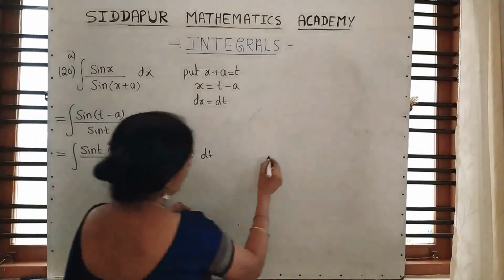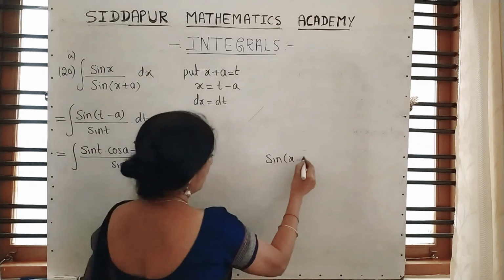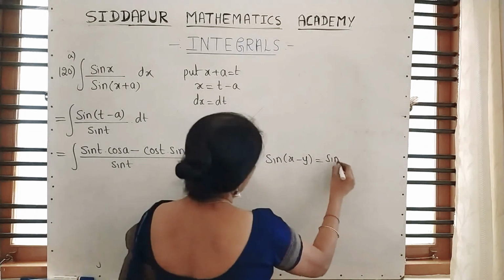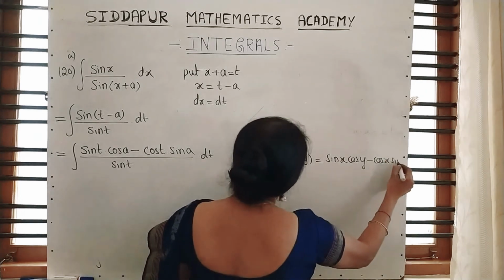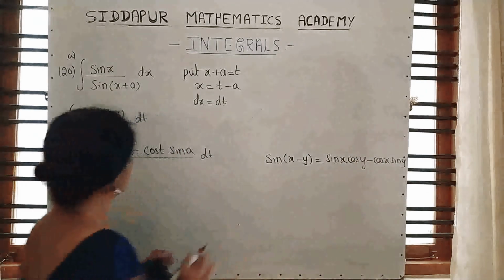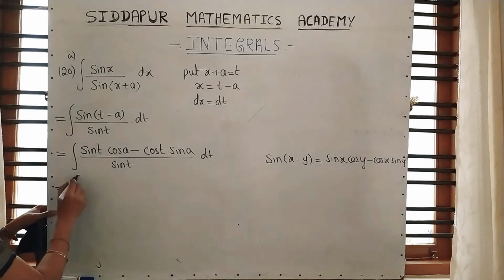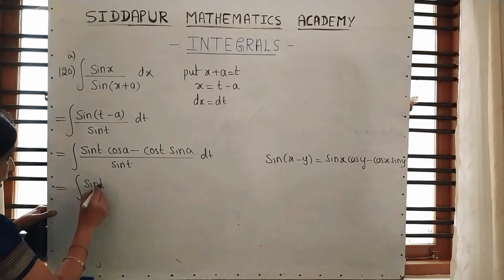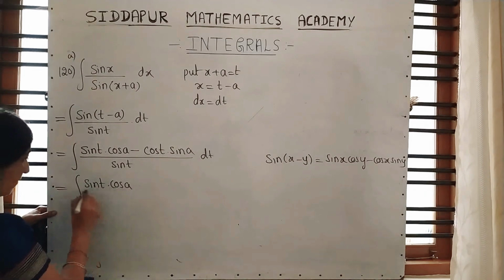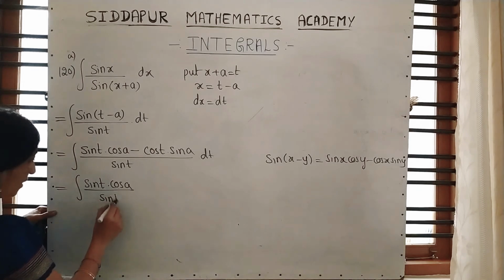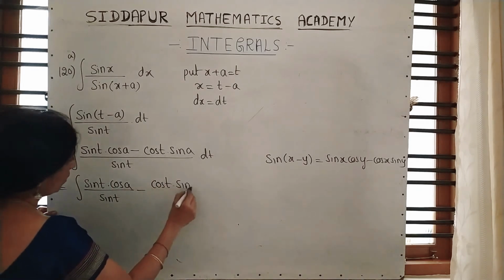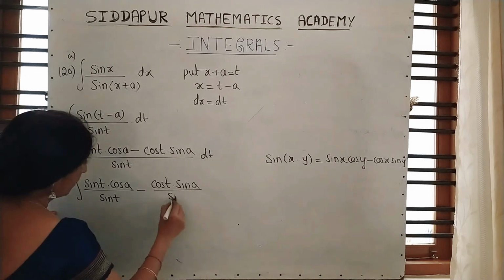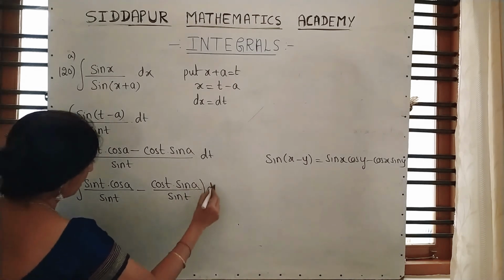If you want, I will write the formula here: sin x minus y is sin x into cos y minus cos x into sin y. First year trigonometry formula. Now I am writing the denominator separately: sin t into cos a divided by sin t minus cos t into sin a divided by sin t.